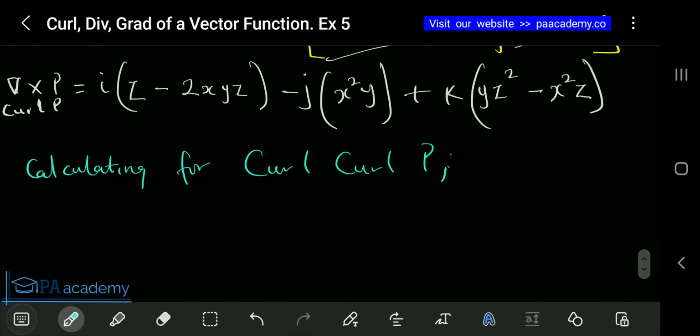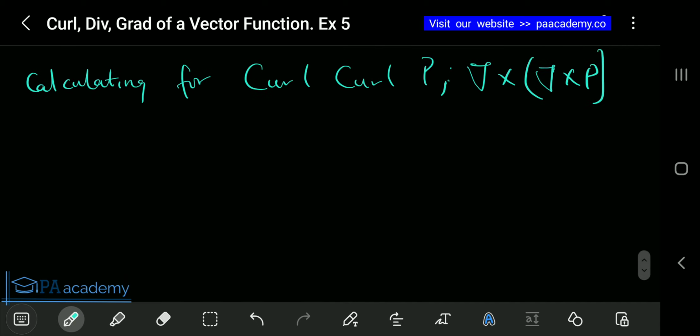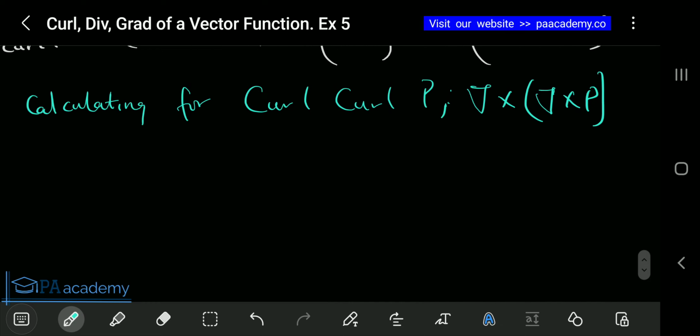So again, we are going to have something like this, and the notation for that curl p is okay. So now we are going to repeat the process again. So that's curl p.